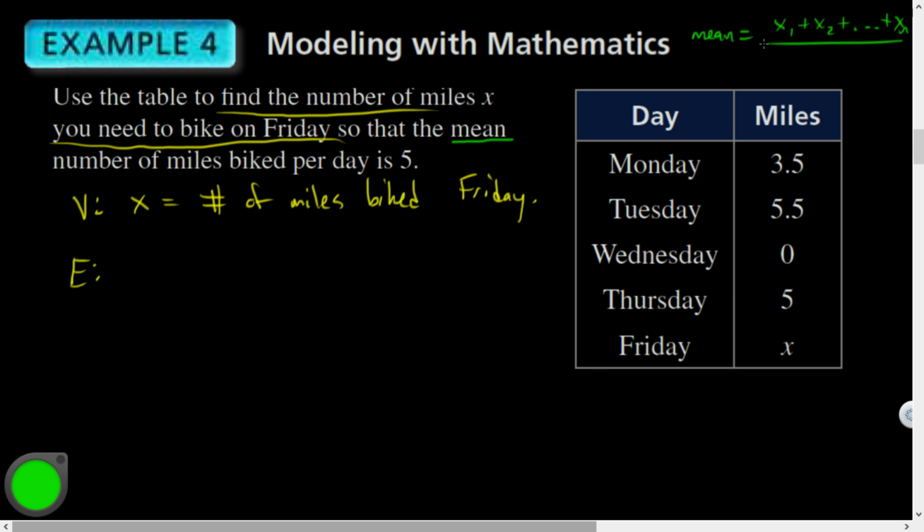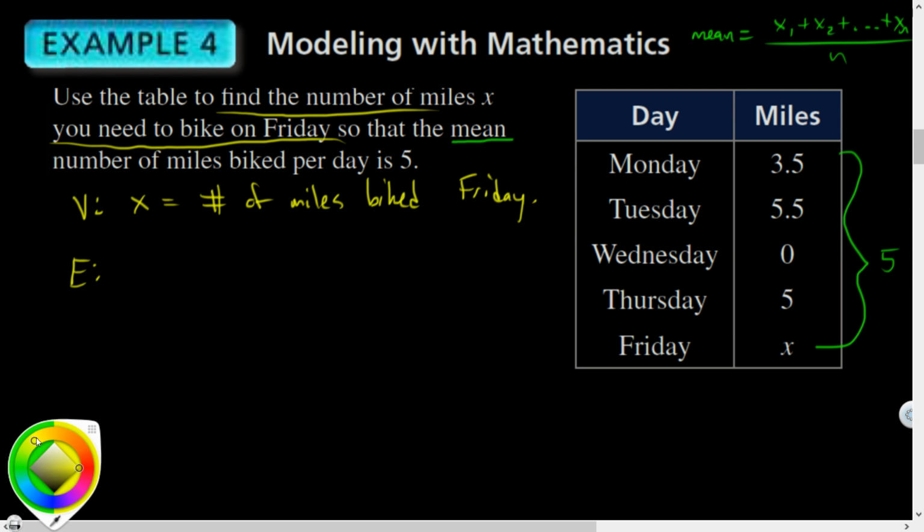You add up n many things, and then you divide by how many there are. Maybe you've never seen it written that way. That might be cryptic to you. But to find an average, I'm going to add up this list and then divide by how many are there. How many things are here? 1, 2, 3, 4, 5 things.